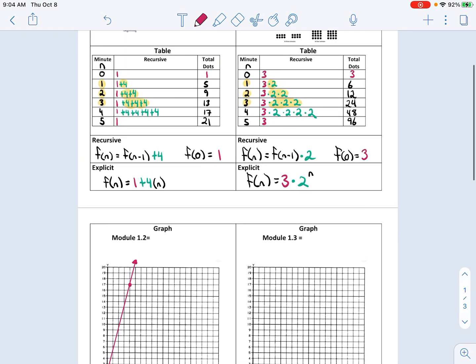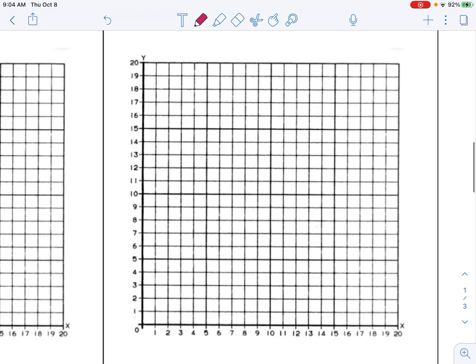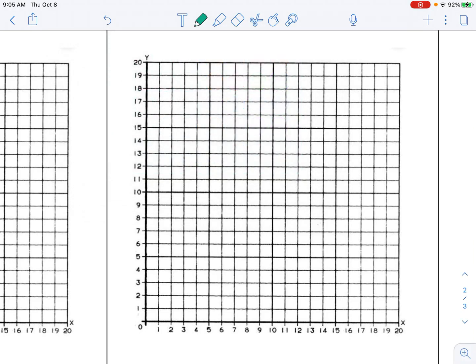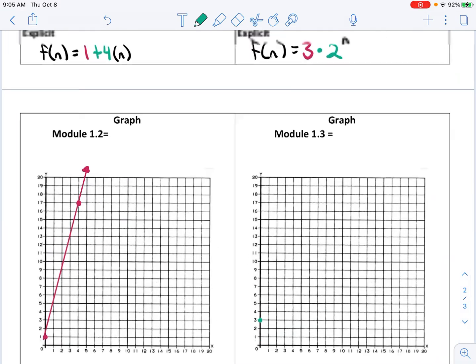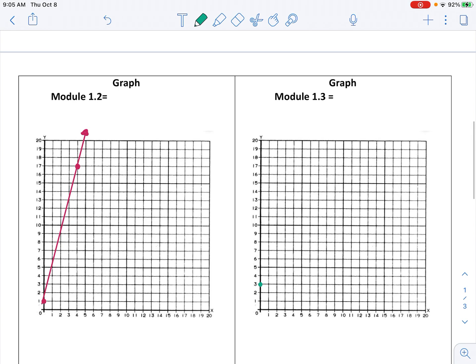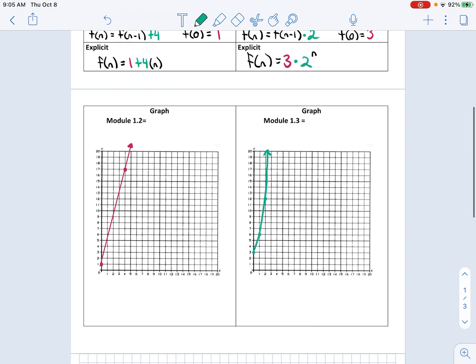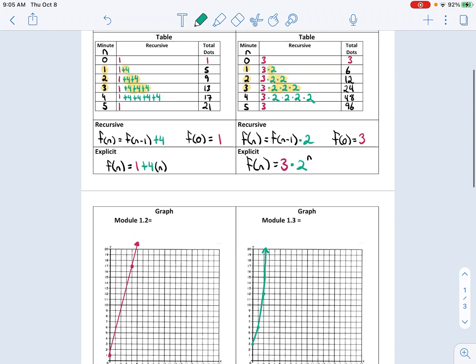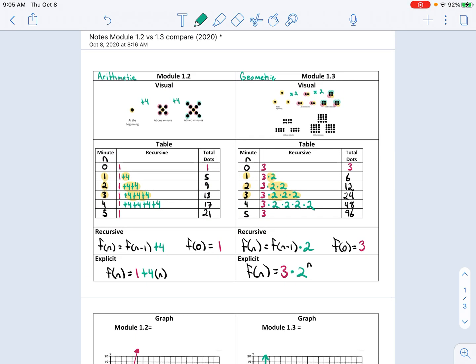In the geometric equation, 0, 3, and then we do 1, 6, and then 2, 12, and then 3, 24 is already off of our graph. And you can see it's a curved line. And that's comparing an arithmetic and a geometric sequence.